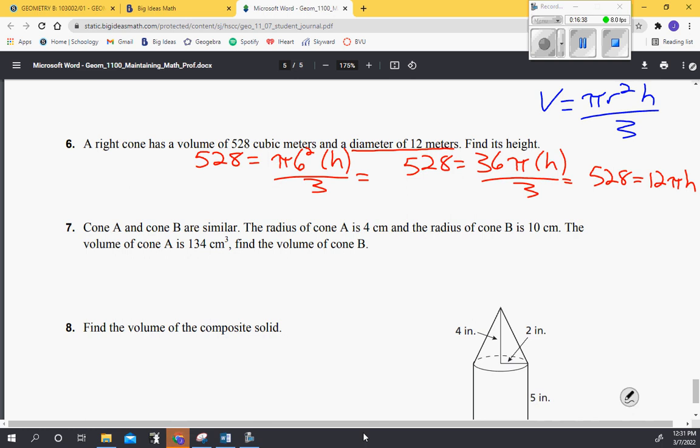Now I'm going to divide both sides by 12 pi. 528 divided by 12 pi, final answer. I'm going to include parentheses. Should get 14. If you didn't get 14, you didn't include parentheses. 14 meters.